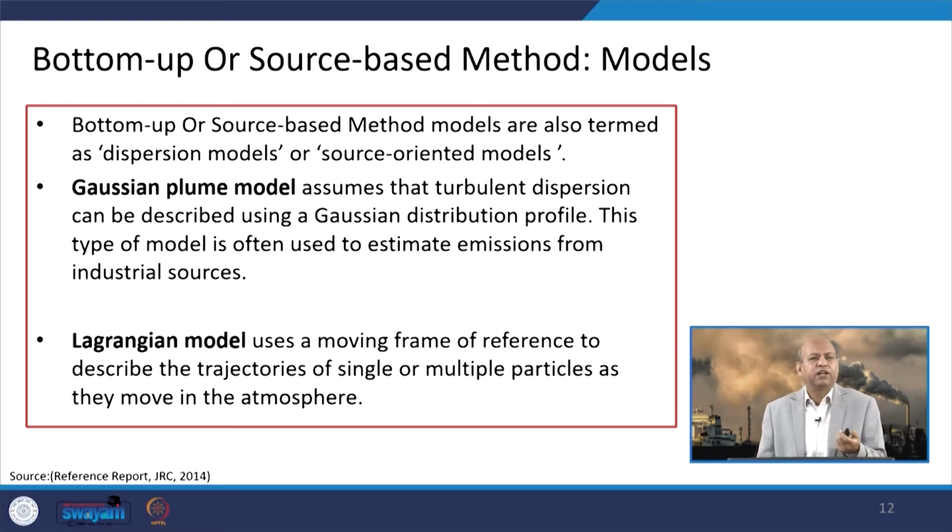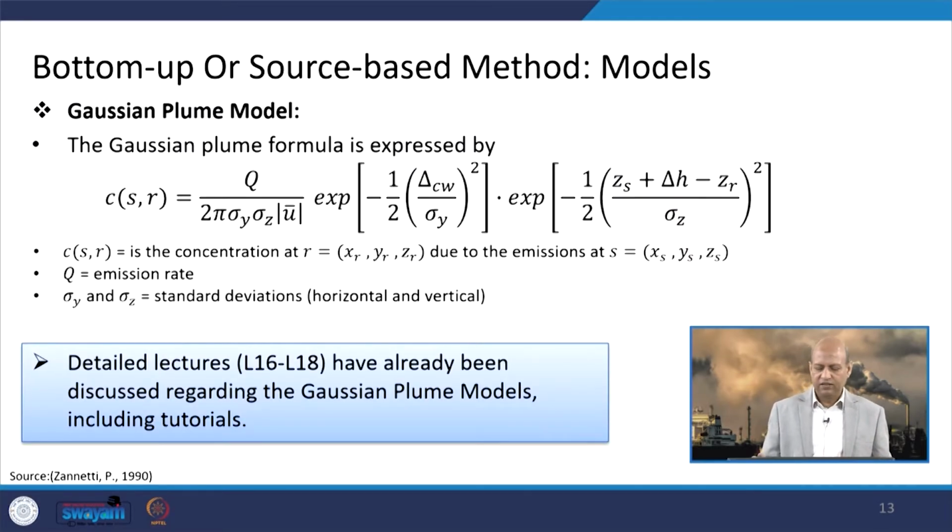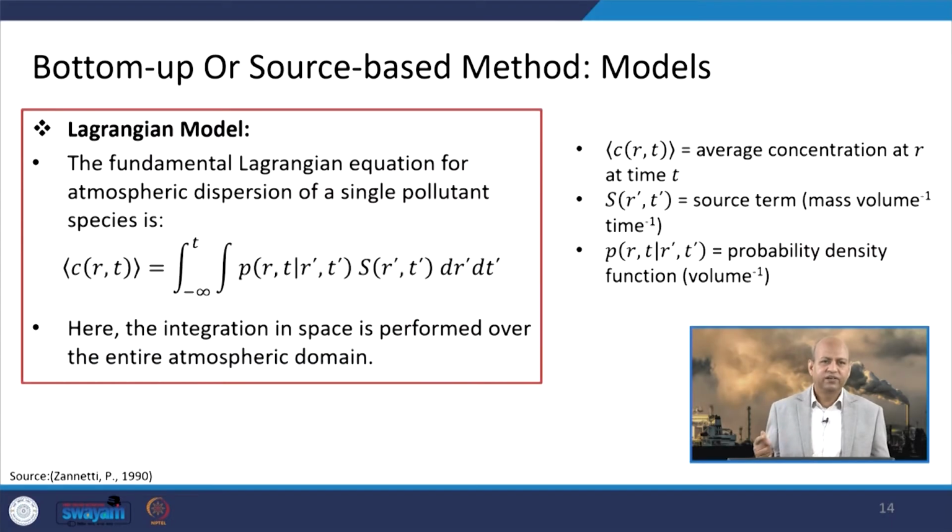This is a kind of complex model, and mostly we use the Gaussian dispersion model. You might be remembering this equation, where the concentration is based on the emission, and then sigma y and sigma z are the lateral and vertical dispersion coefficients, along with the stack height plus plume rise, and x, y, z are the coordinates where we are interested in calculating the concentration.